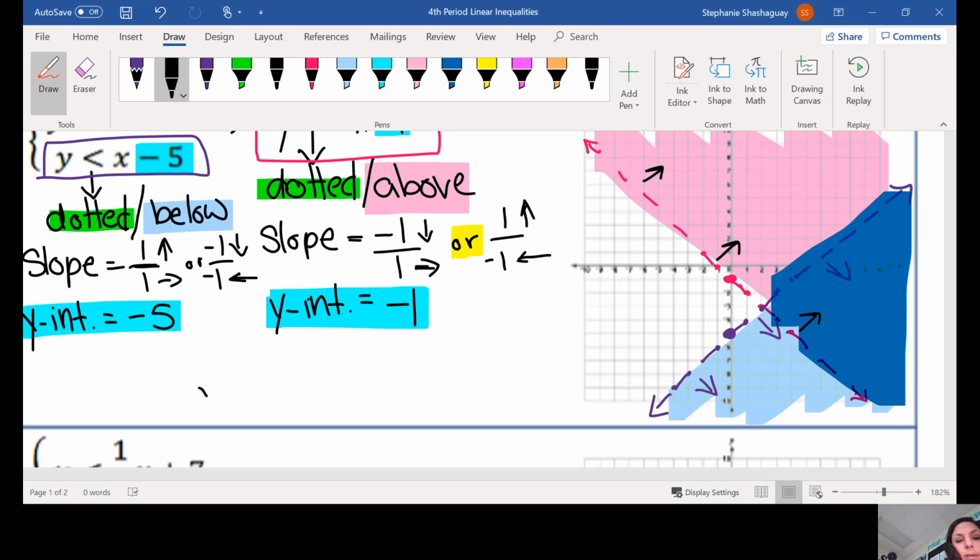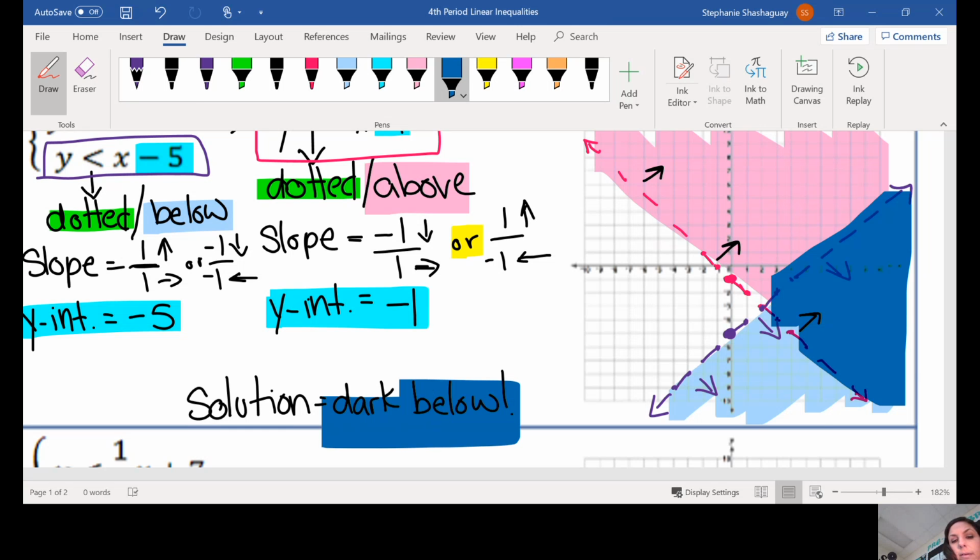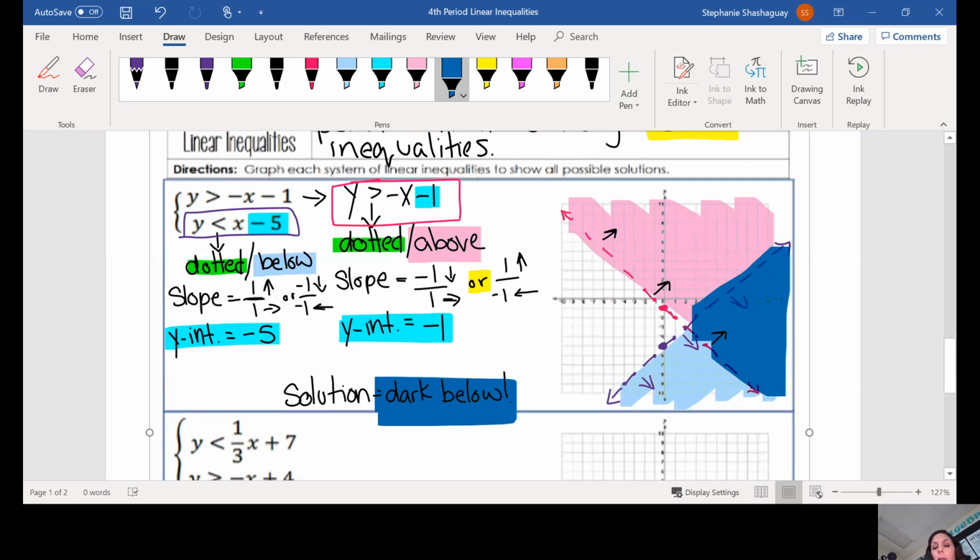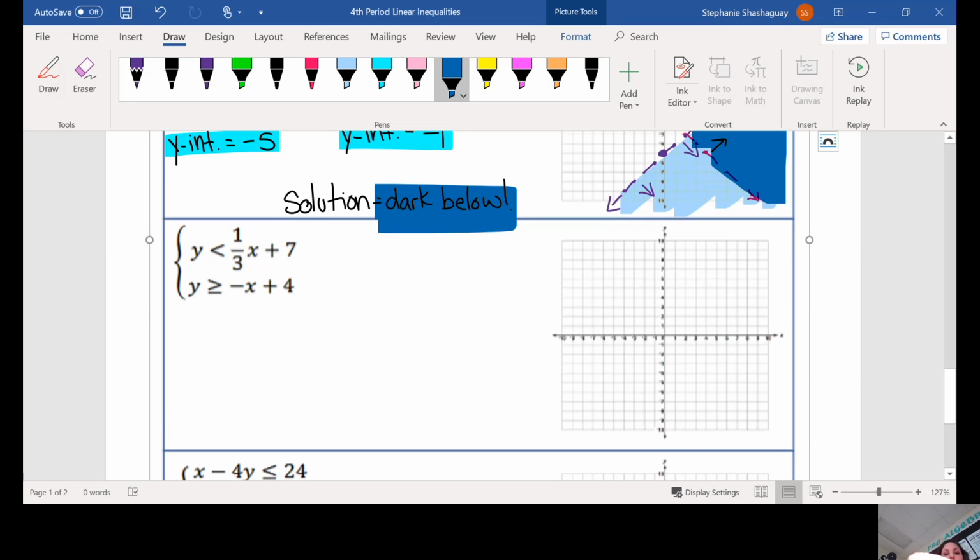Okay? The solution to this system equals the dark blue, because that is where they overlap. That is where they overlap. So that would be a solution. All of those ordered pairs would be solutions to both equations.